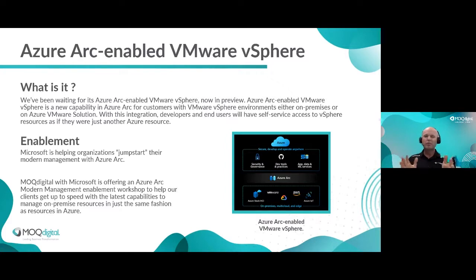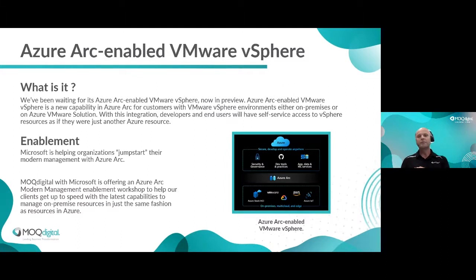Arc's been around probably for about 12 months now. We've had clients looking at it and using it in different ways. The VMware vSphere integration is what we've been waiting for though, because what it actually allows now is Arc to understand people's on-premise VMware vSphere infrastructures. We know our clients have massive investments in compute, in tin.